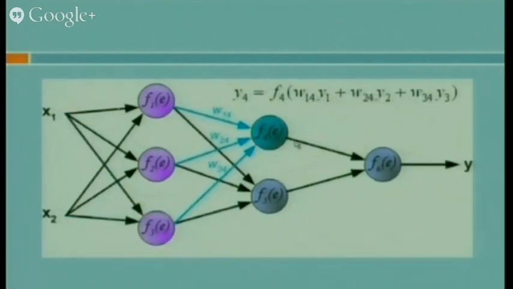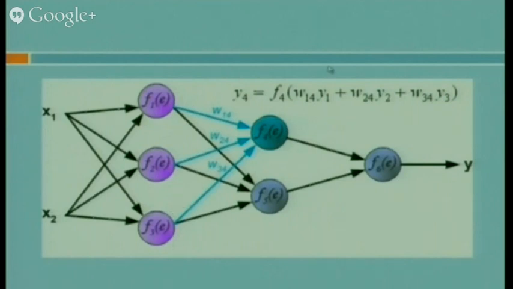X4. So now we are going in which direction? In the forward direction, right? Moving in the forward direction, so Y4 will be calculated. Now the output of this F1, the first neuron, will be the input for the fourth neuron, right? Similarly, the output from the second neuron goes into the input of the fourth neuron.